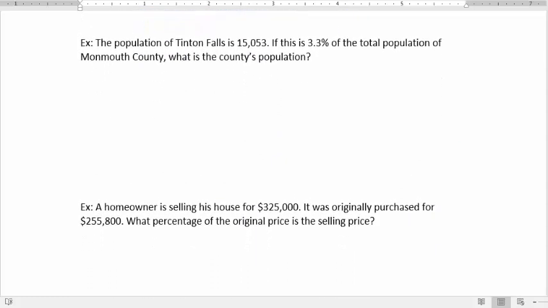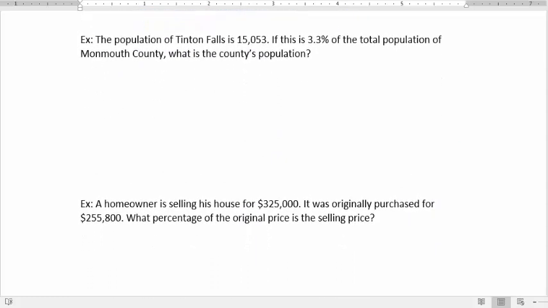All right, and then another one. The population of Tinton Falls is 15,053, and if that is 3.3% of the total population of Monmouth County, what is the county's population? So in this case, the 15,053, that's just this one town, because we're considering the whole as being Monmouth County.